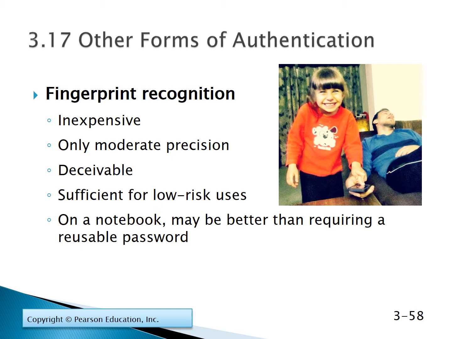Like in this example, this little kid is trying to unlock the father's phone using the fingerprint while the father is sleeping, so that she can play video games and so on. But of course she could also potentially steal some data. Usually this might be used on a notebook computer or phone, and it may be better than requiring a reusable password. It's faster, right?